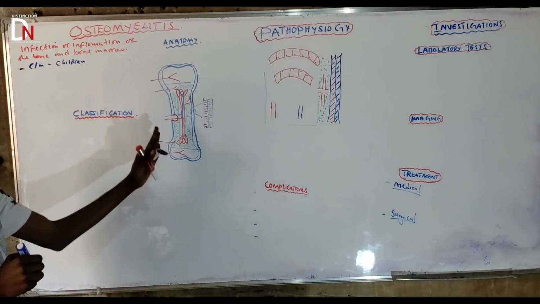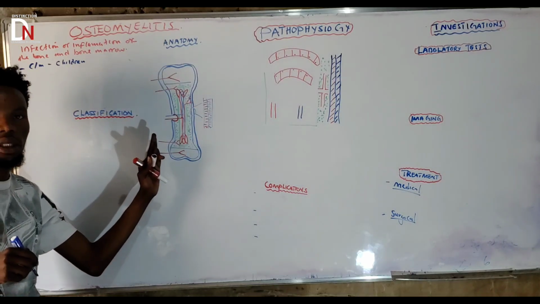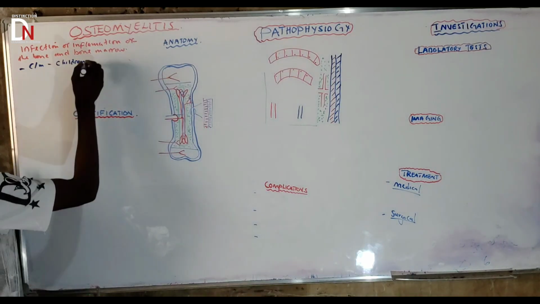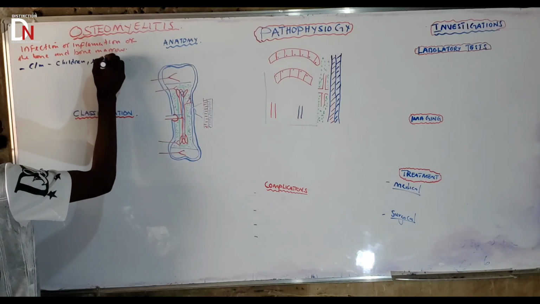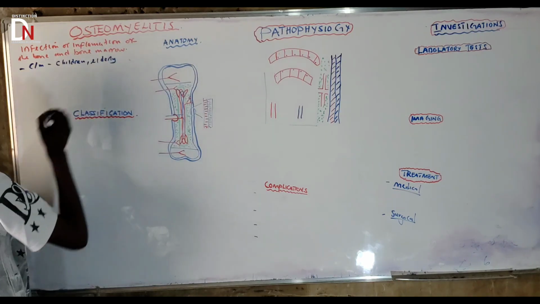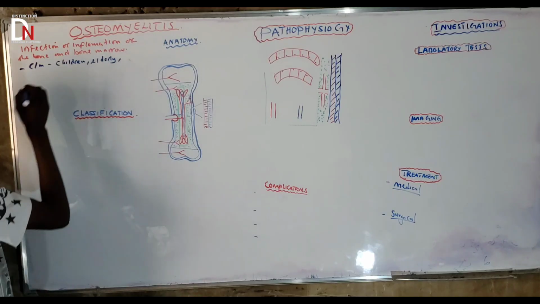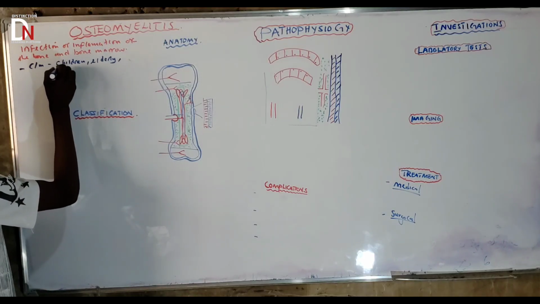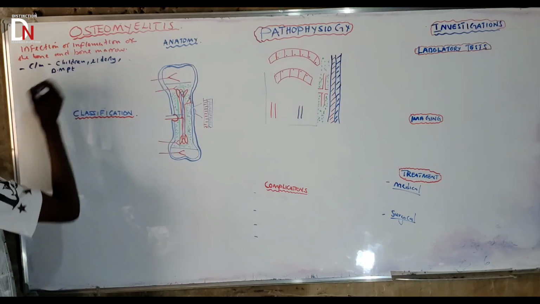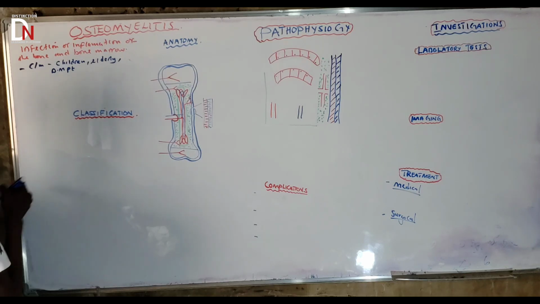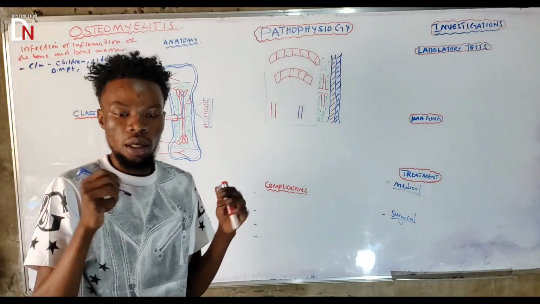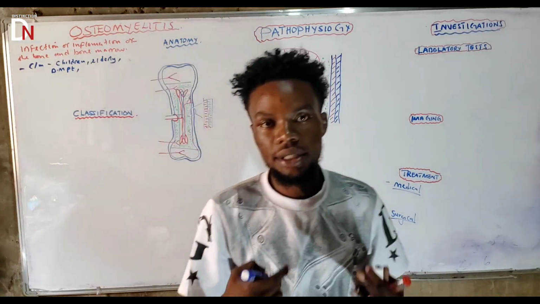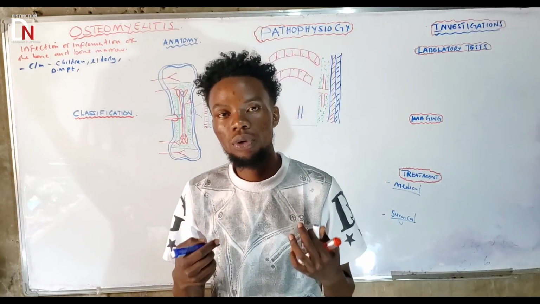We talk about an outcome of why it is common in children. It is also common in the elderly, and in diabetic patients. And the most important part is that adults can be affected most of the time if they are immunocompromised.